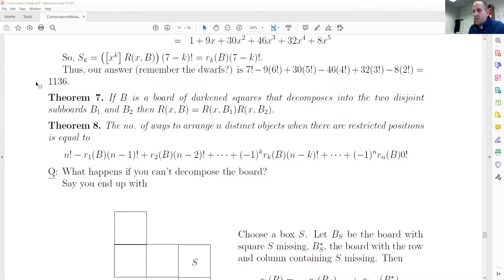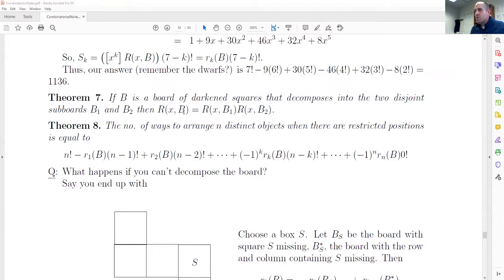So today, just by way of review, first of all, we have this theorem here that tells us how to use the Rook polynomial of a given board and how we can break it down into subboards that do not interact with each other, in terms of, if I place a rook on board 1, it has any chance of attacking the rook on board 2, okay?